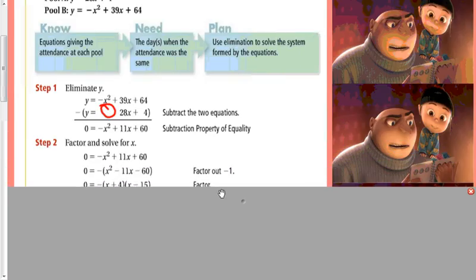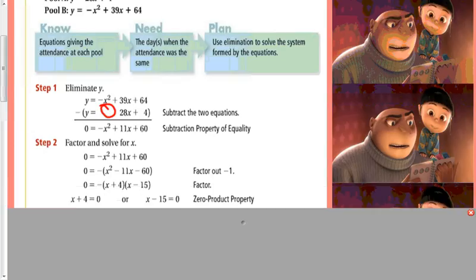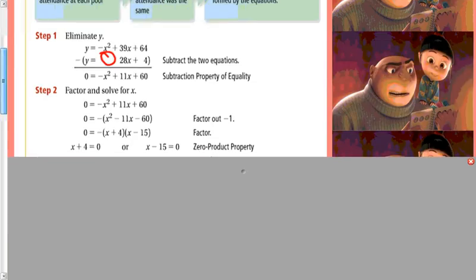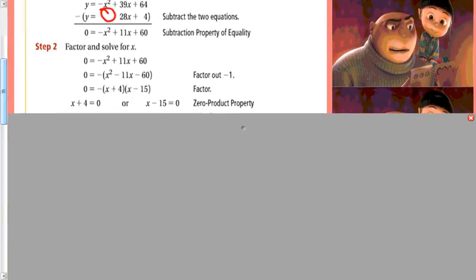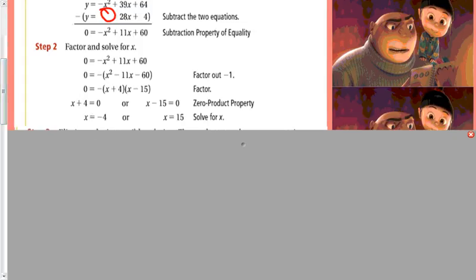This one we can factor out a negative. And then what's left would be x squared minus 11x minus 60, and that factors to x plus 4 and x minus 15. Our zeros, if we set them both equal to 0, are going to be negative 4 and 15, okay?